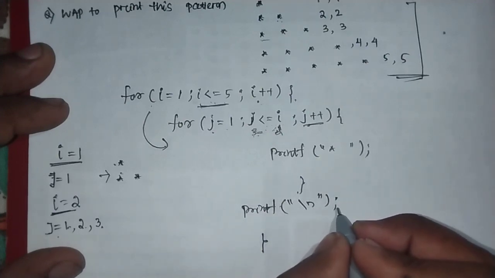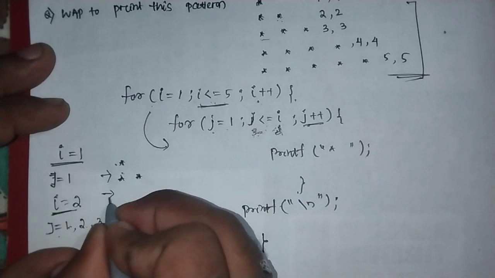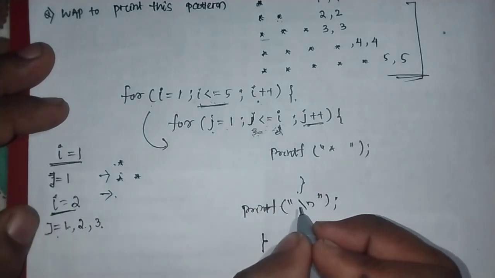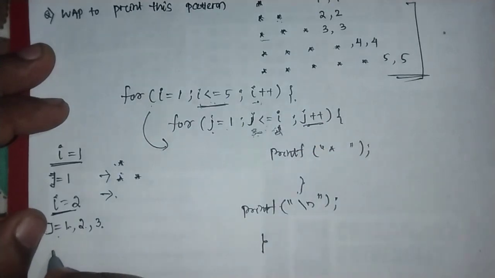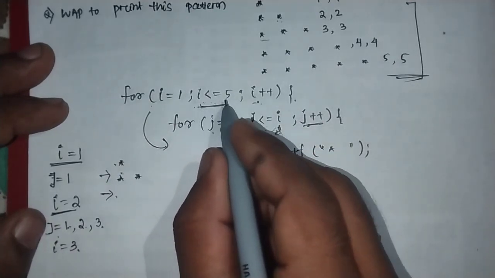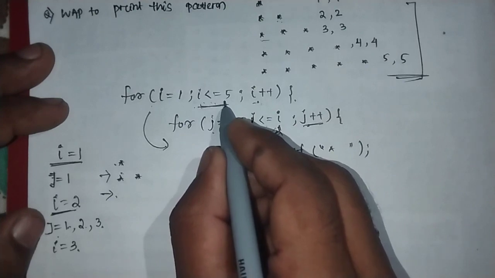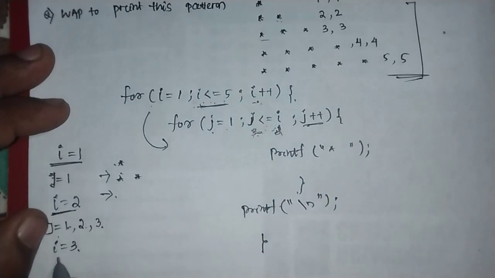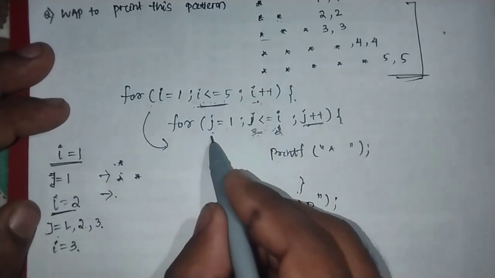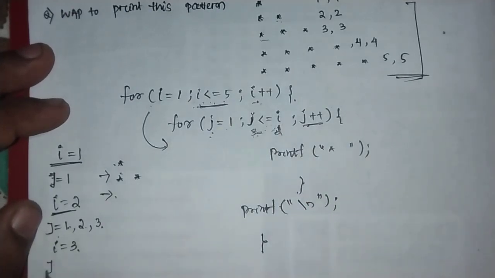Now the compiler will go to the next line. Now the value of i will be updated to 3. It will check here, is 3 less than or equal to 5? True. So it will go to the inner loop for i equal to 3. Initially the value of j is 1.